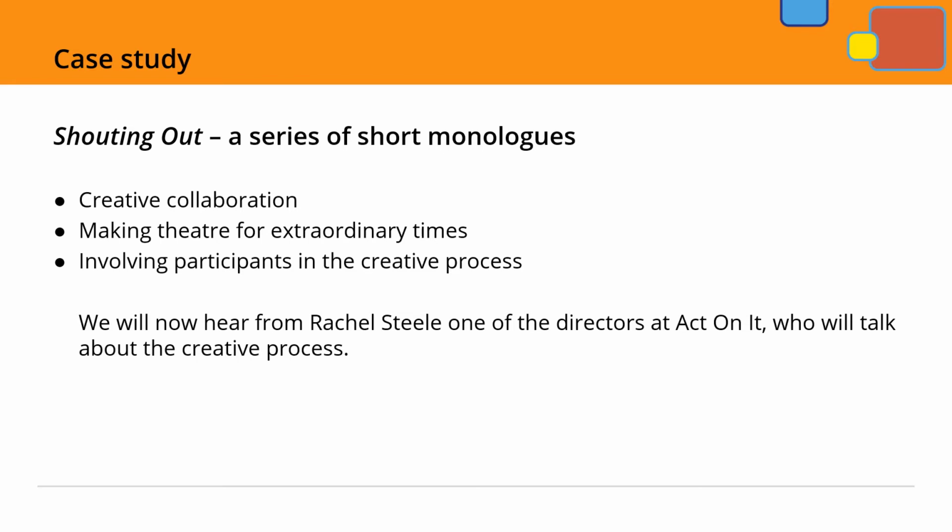It was important they included the participants in the creative development process. Rachel is one of the founders and directors at Act On It and was a practitioner working on this creative project. In the following clips, she will talk about the different phases of the process, including how to explore, inform, refine, and realise a creative project.